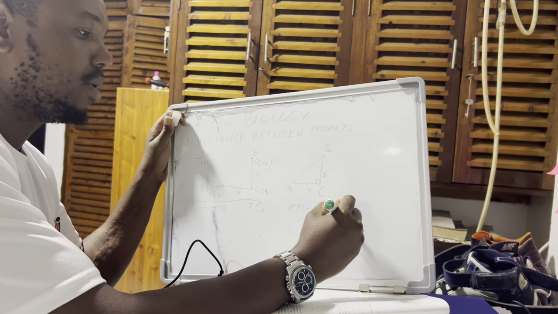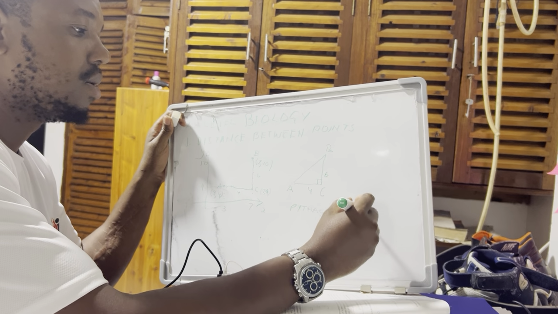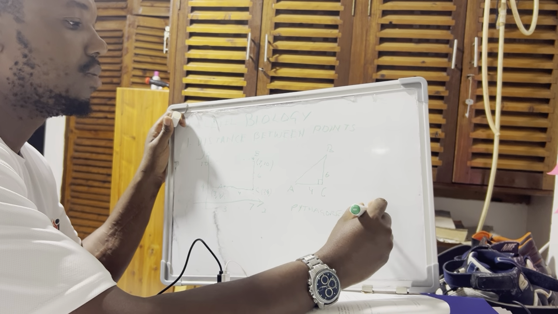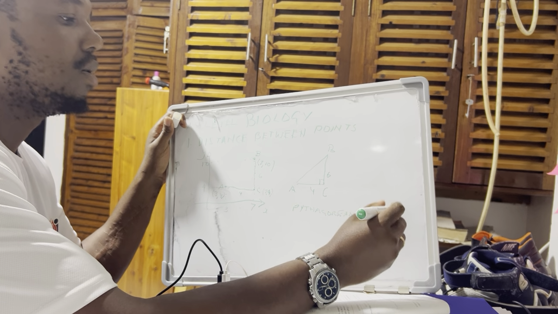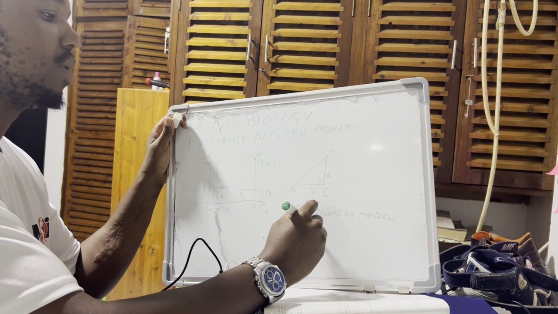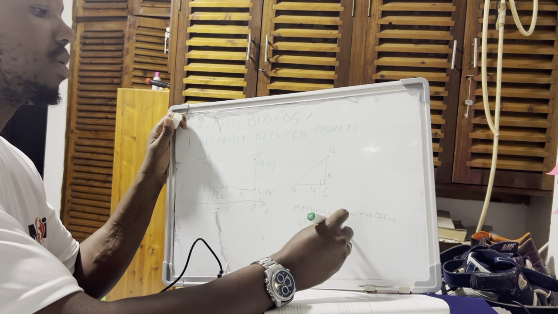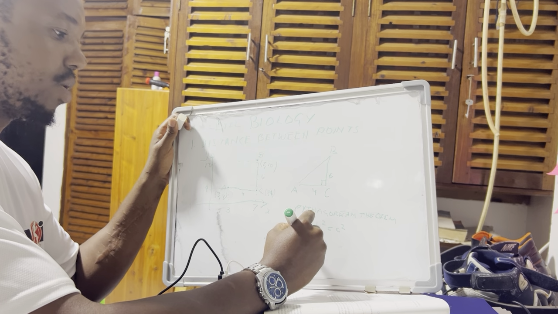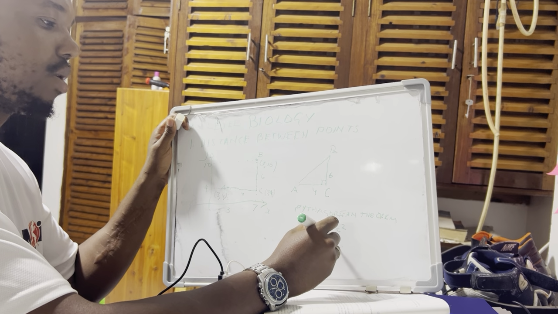The Pythagorean theorem: a squared plus b squared equals c squared. So c equals the square root of a squared plus b squared.